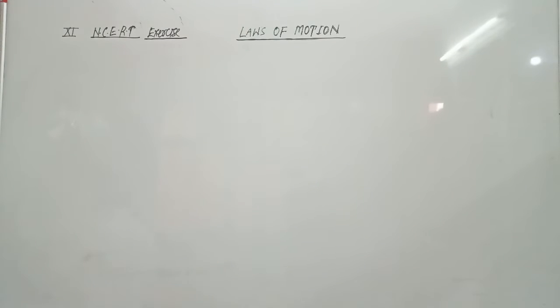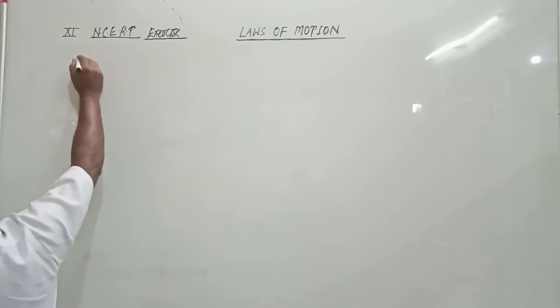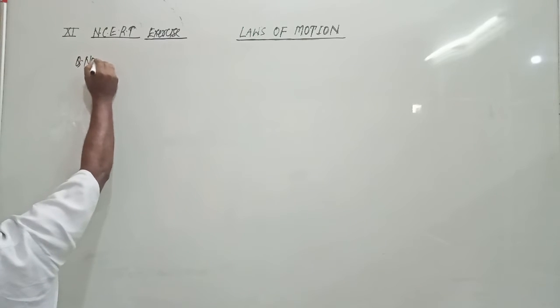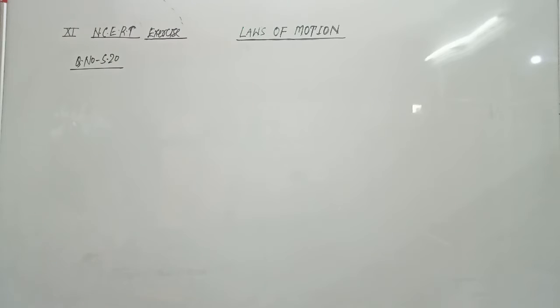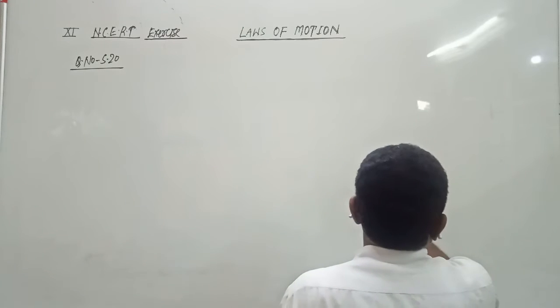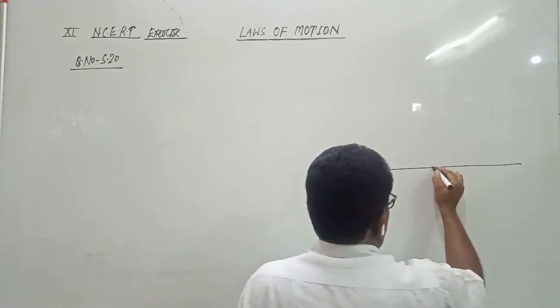Next question, question number 5.20. A batsman deflects a ball by an angle of 45 degree. This is the ground and O is the position of the batsman.